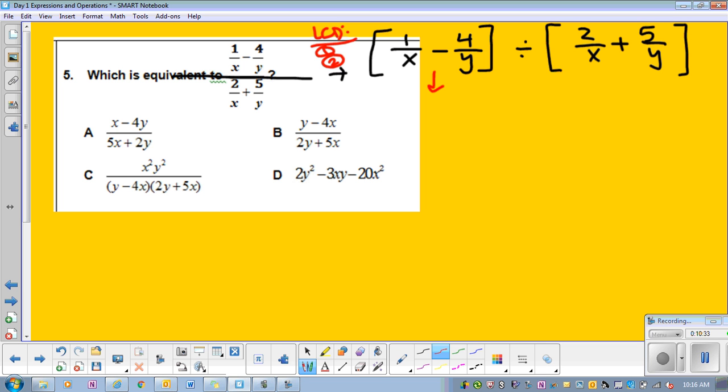X. Fraction 2, what's in the denominator? Y. Do they have anything in common? No. So what is your LCD? XY. Good. So what does the first one need to look like the LCD? Y. So whatever you multiply on the bottom, you multiply on the top.